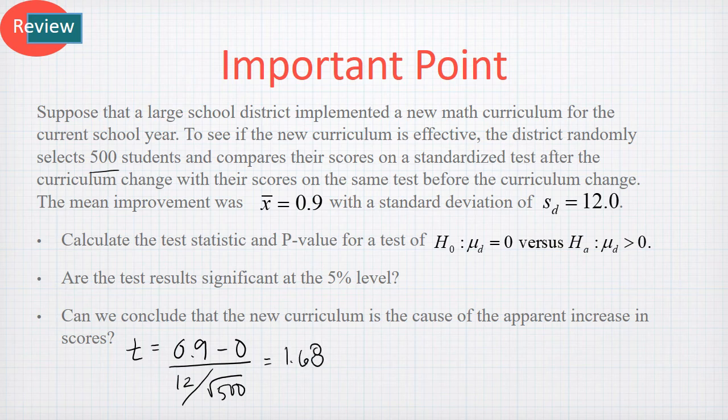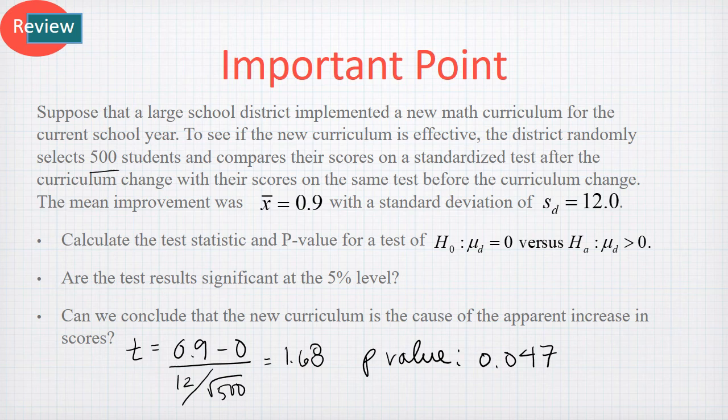So if I find the p-value for that, the p-value for that is 0.047. Okay, so that is lower than my 5% level. So since the p-value is less than my alpha of 0.05, the results are significant at the 5% level. The improvement was larger than what we would expect to happen by chance. So all that is true.